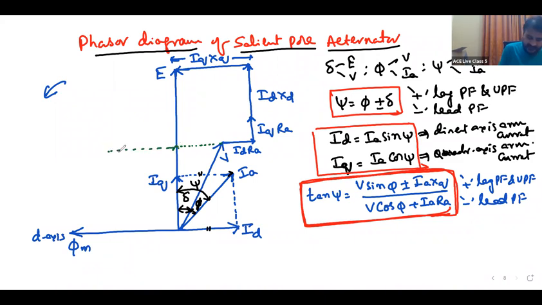This is delta, the angle between E and V. This is IQ RA, and this is IDXD.